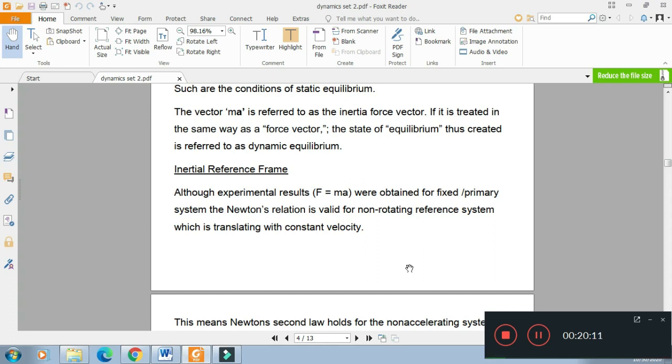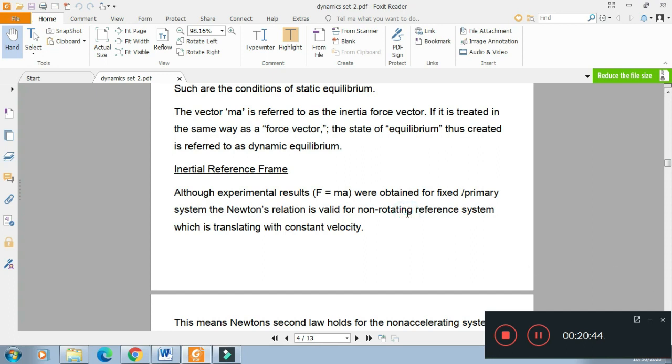The inertial frame of reference is the reference frame which is non-rotating and translating with a constant velocity. Non-accelerating systems are termed inertial reference frames. If the reference frame is moving or translating with a constant velocity, or it is at rest, then it is an inertial frame of reference.